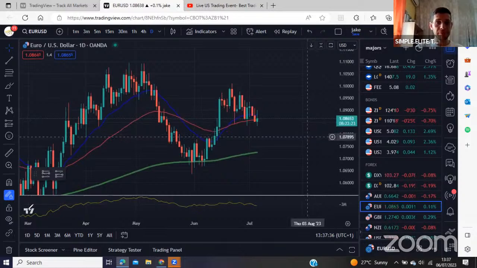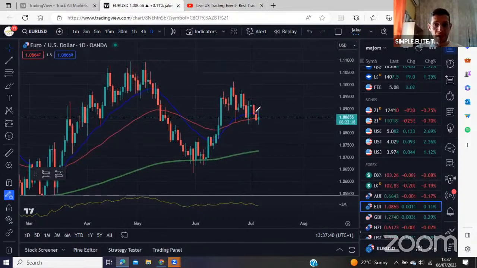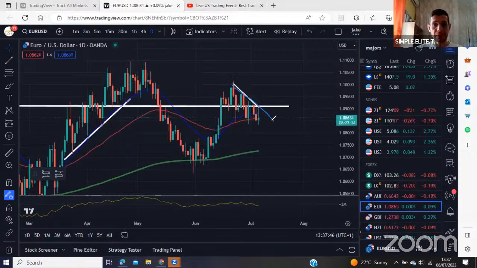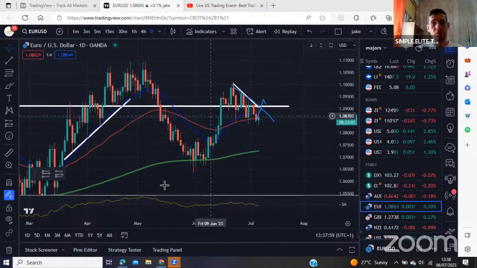It could be soon, but until price breaks this trend line, as you can see it was already here and stays above. Let me get the right price action. If price stays above 191, I'm very happy to be on the long side of the euro.